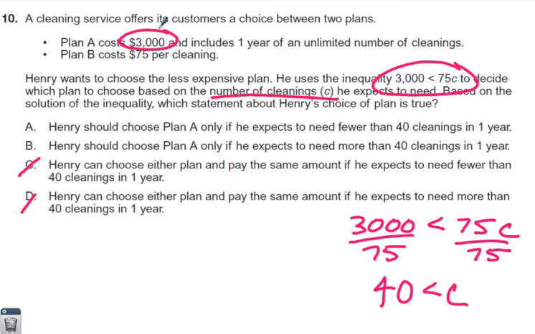No, because if he expects to need more than 40 cleanings, yeah, it's B. I'm pretty sure. Just the reading part, man. With reading comprehension, you sometimes have to read it more than one time. Because if he needs more than 40 cleanings, that would have him spending more than $3,000, and so he should just, yeah, it's B.